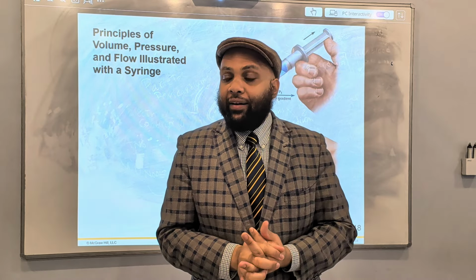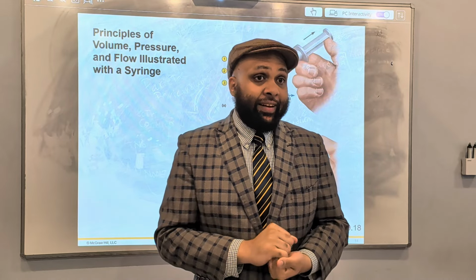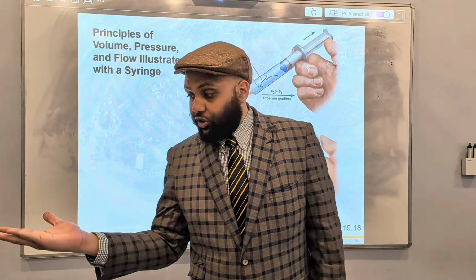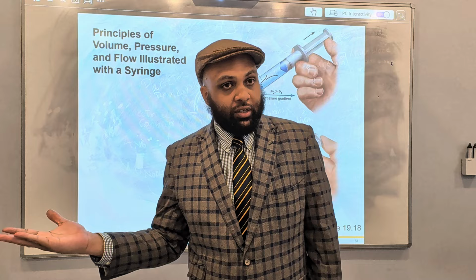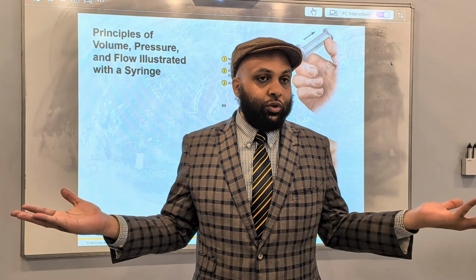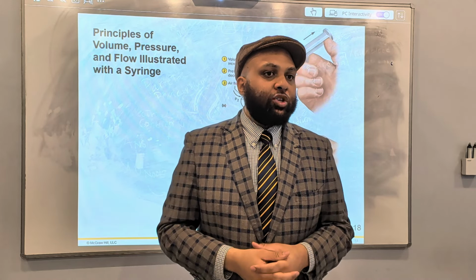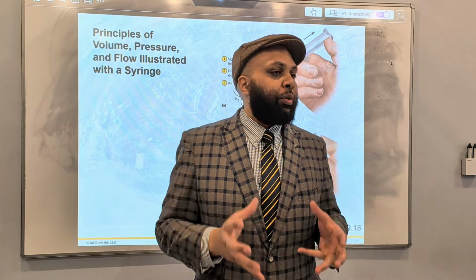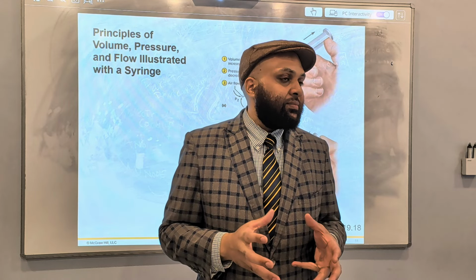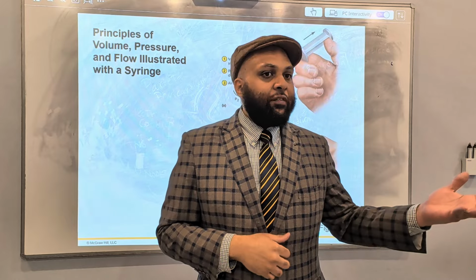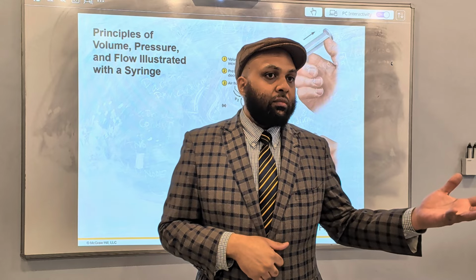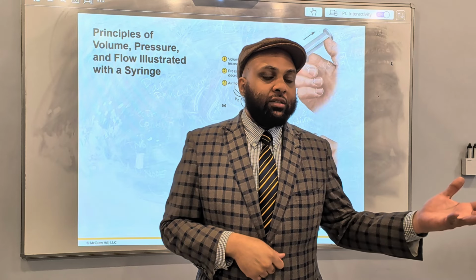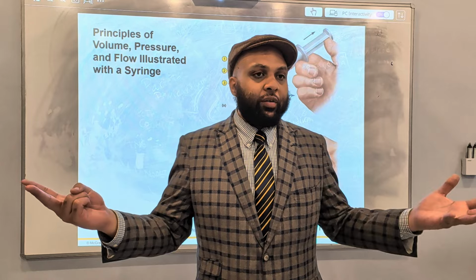So you can have an osmotic gradient. You have 500 millimoles of glucose here, 300 millimoles of glucose here. You know where water is going. It's going to the 500 because there's an osmotic pressure gradient. There is 500 millimeters of mercury here, 200 millimeters of mercury here.